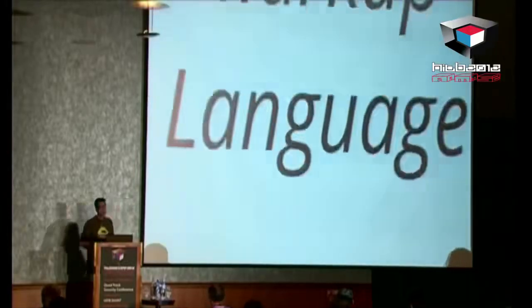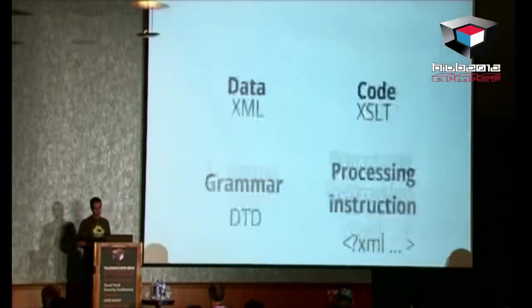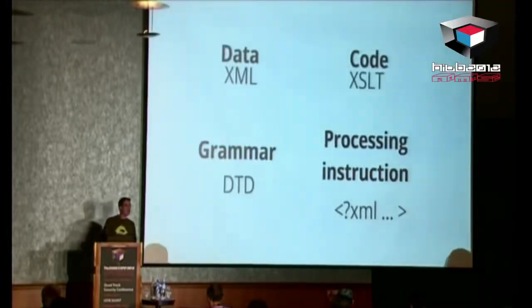The next term is language. In fact, in a valid XML document, you can find much more than only data. So we have data. You can have XSLT code inside the XML document. It's still valid XML.